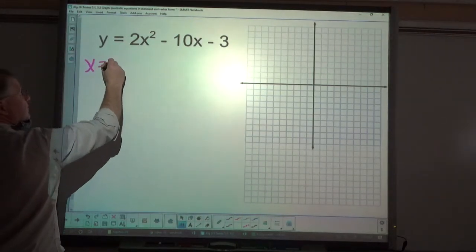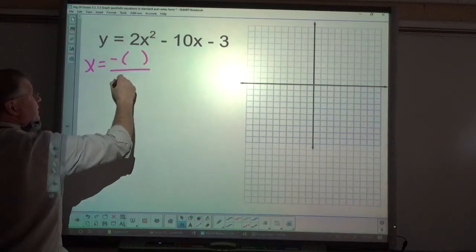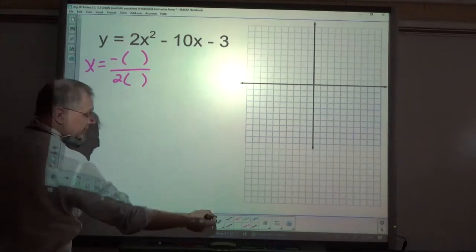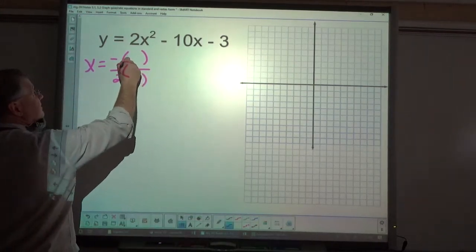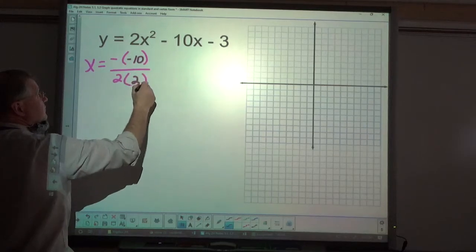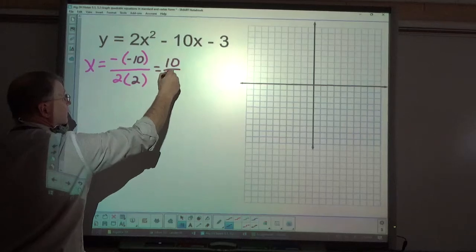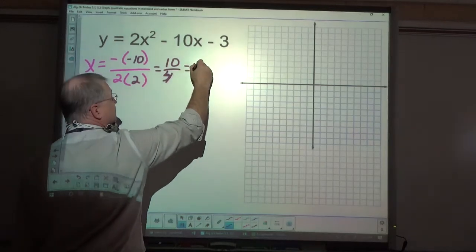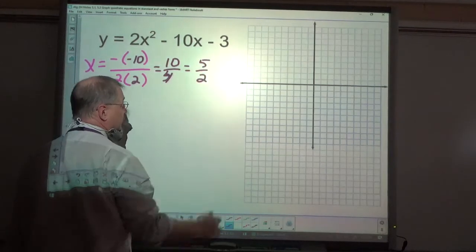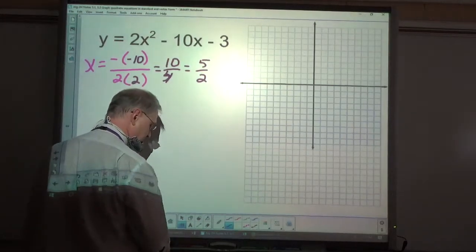X is going to be negative b over 2 times a, and that's negative 10 over 2 times 2. So 10 over 4 is 5/2, or 2.5.